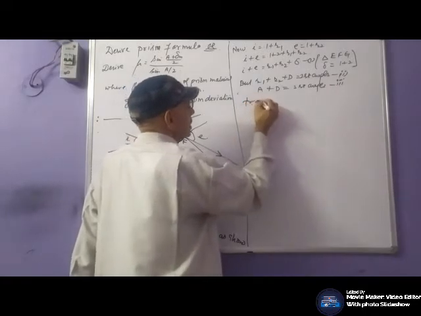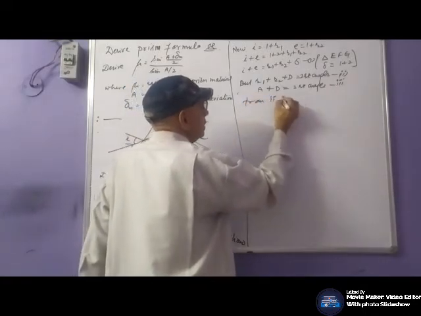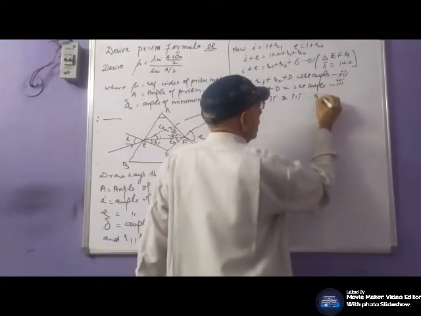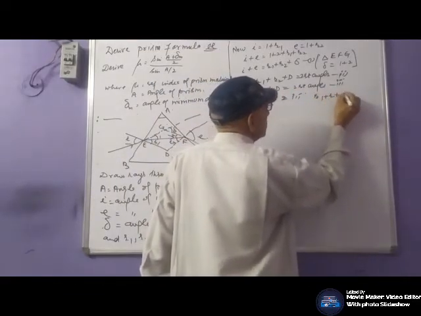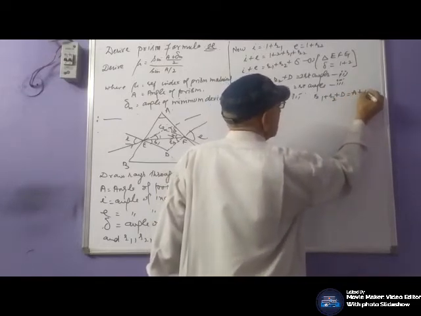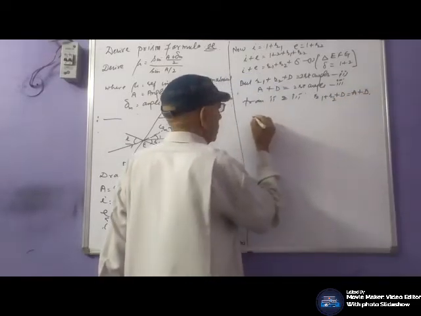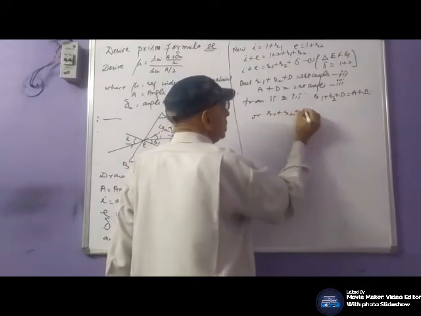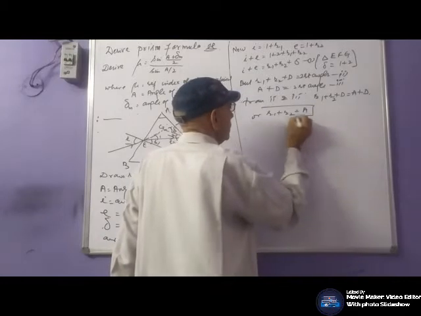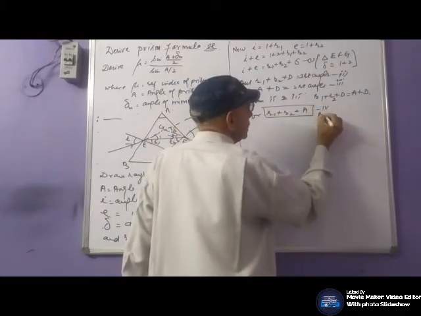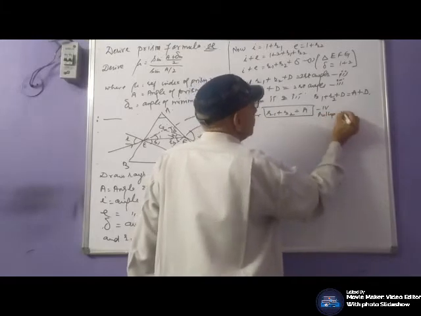From second and third, R1 plus R2 plus D is A plus D, or R1 plus R2 is A. This is fourth, putting in first.